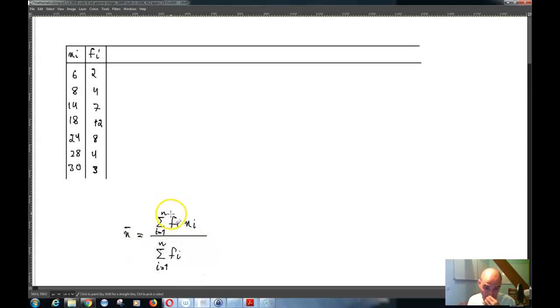That way you can do it. But now the problem here is that you have to multiply 12 times 18, 4 times 28, 30 times 3. The numbers are a little bit too large.